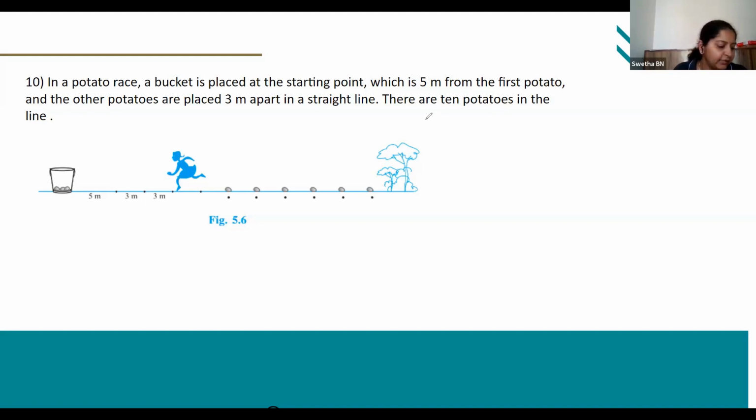First we'll write the numbers, children. What are the distances? See here, 5 is fixed right now. The distance between the first potato and the bucket is 5. So I will write the first number as 5. What about the second number? What is the second number here, children?